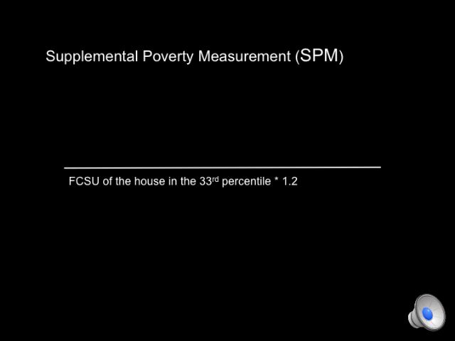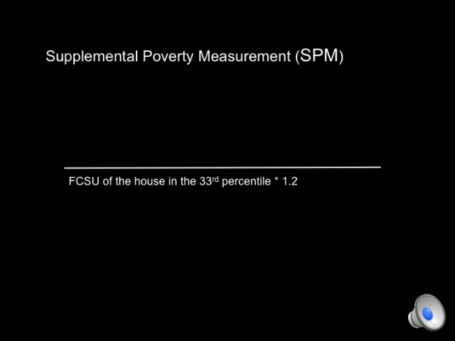To address some of the shortcomings of the OPM, the Census Bureau now releases a supplemental poverty measure, or the SPM. The SPM redefines the poverty threshold and modernizes it. For starters, it replaces the food times 3 measurement with a measurement that more accurately represents a household budget.